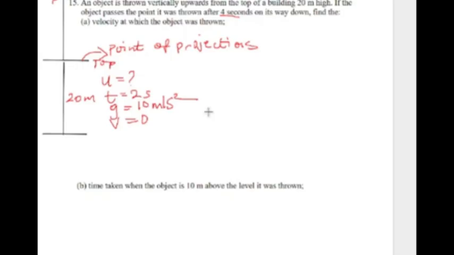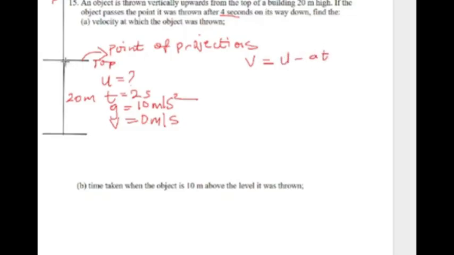So we have our parameters. We look for the equation of motion that connects these parameters. So we'll use the relevant equation of motion. Considering the parameters we have, t is equal to 2 seconds, g is equal to 10 meters per second squared, and then v, the final velocity, is 0 meters per second. So I will use v is equal to u minus at.